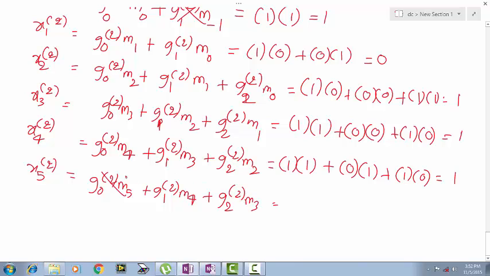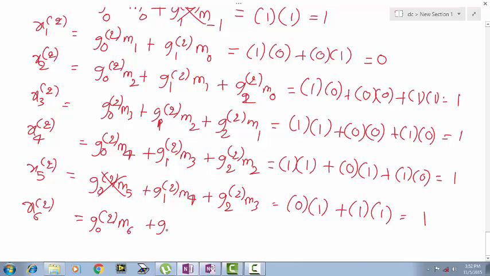So 0 into m4, which is 1, plus 1 into m3, which is also 1. So the answer is 1. And the last bit, x6 of 2, is g0 of 2 m6 plus g1 of 2 m5 plus g2 of 2 m4. We don't have m5 and m6, so g2 of 2 is 1, m4 is 1, so the output is 1.